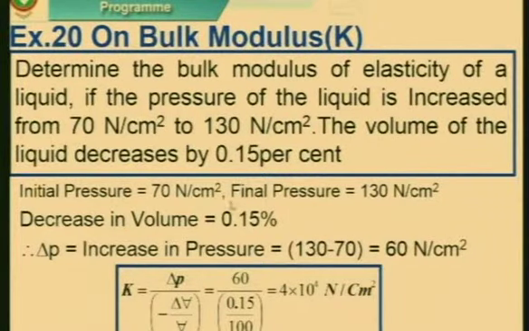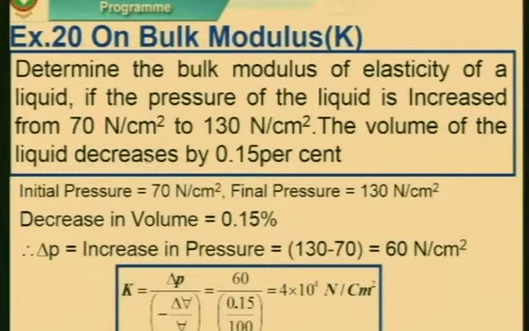What is given? Initial pressure 70 Newton per centimeter square, final pressure 130 Newton per centimeter square, decrease in volume is 0.15 percentage. Let us see the formula. K value is change in pressure, which is 130 minus 70, which is a positive 60 Newton per centimeter square, divided by change in volume by volume. 0.15%, what exactly does it mean? 0.15 divided by 100.